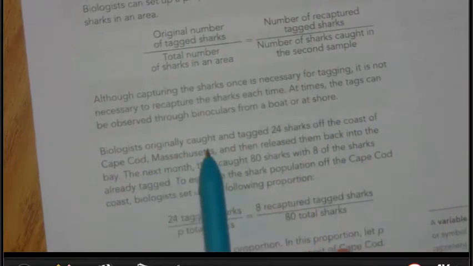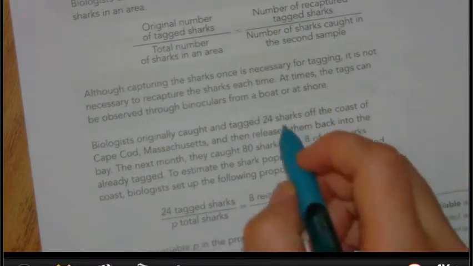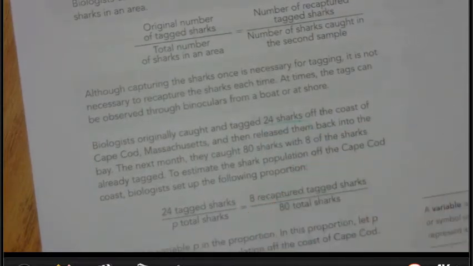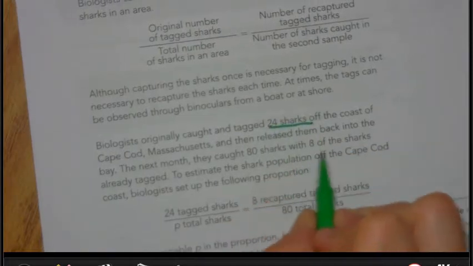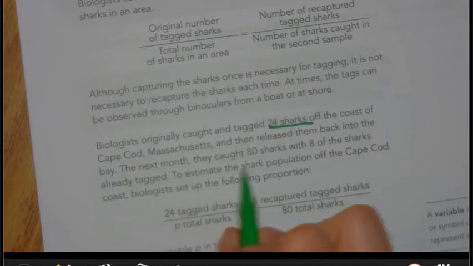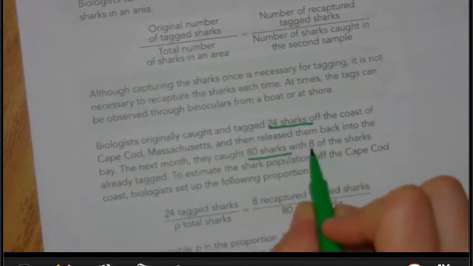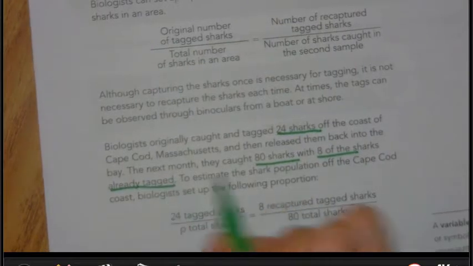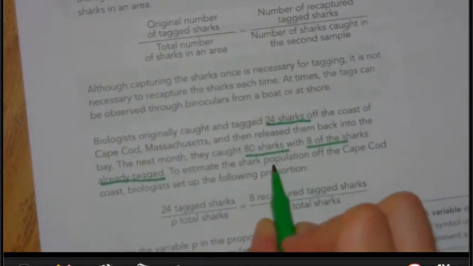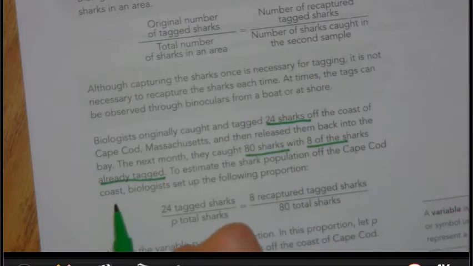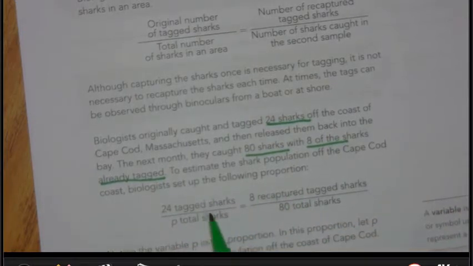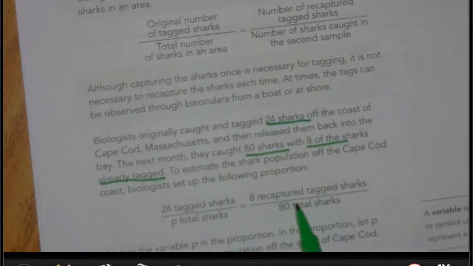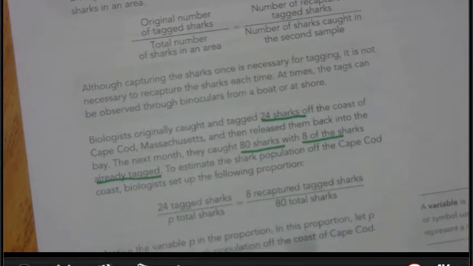Biologists originally caught and tagged 24 sharks off the coast of Cape Cod, Massachusetts, then released them back into the bay. The next month, they caught 80 sharks with 8 of the sharks already tagged. To estimate the shark population of the Cape Cod coast, biologists set up the following proportion: 24 tagged sharks over total sharks equals 8 recaptured over the 80 total caught.